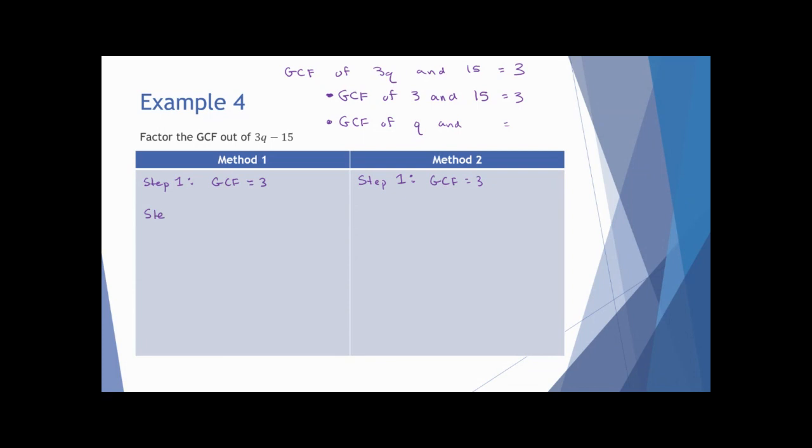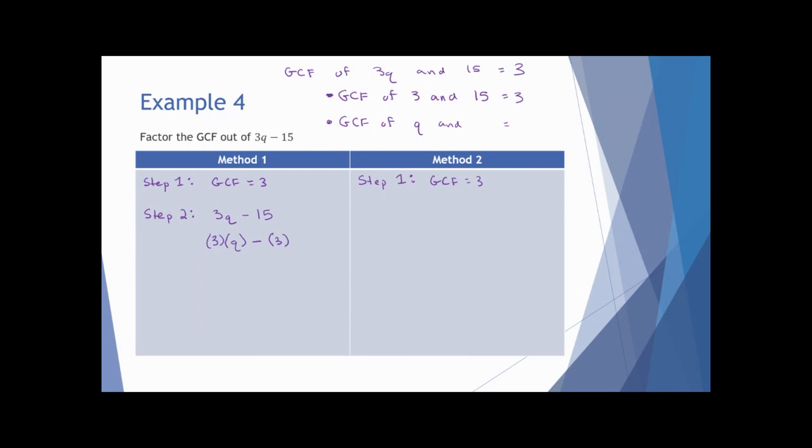Let's see, step 2. It's going to involve multiple steps. So first we have 3q minus 15. Our greatest common factor is 3. So we're going to separate 3 out from what else is there. So we're going to just put these in parentheses. So I have a 3, and to get to 3q, that means I just need to separate out that q. And then I look at the 15.